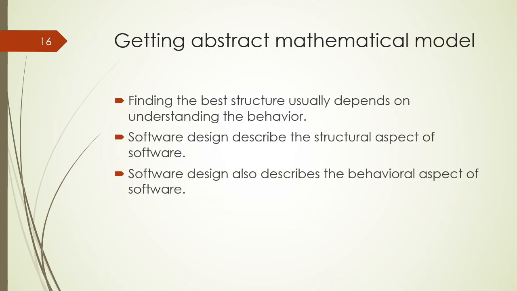Software design is directly concerned with the structural aspect of a software, and software design is also directly concerned with describing the behavior aspect of a software. And finding the best structure usually depends on understanding the behavior of a software.